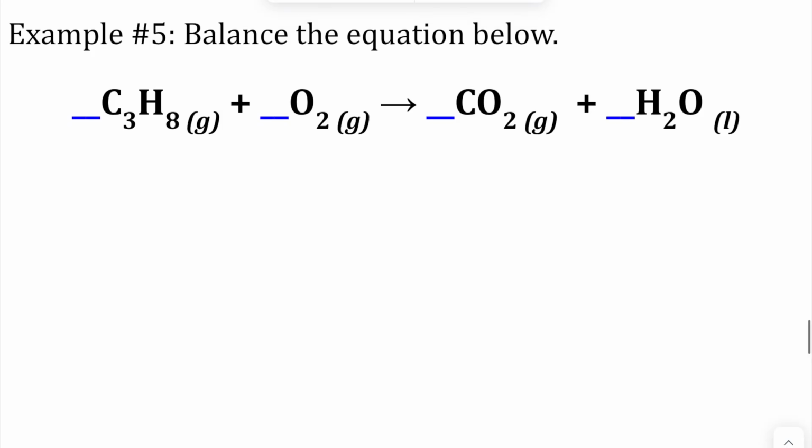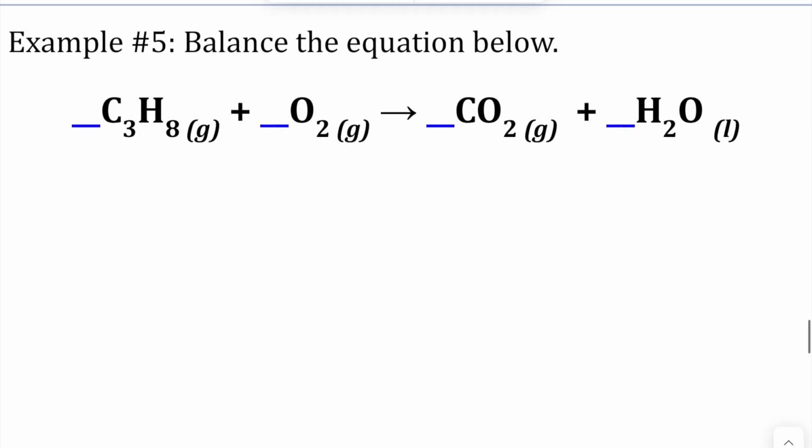All right, this is our last one of just balancing, so the last one of this video. This type of reaction is the one that I find the trickiest to balance, just because of how we have oxygens in both of our products, but only one of our reactants.